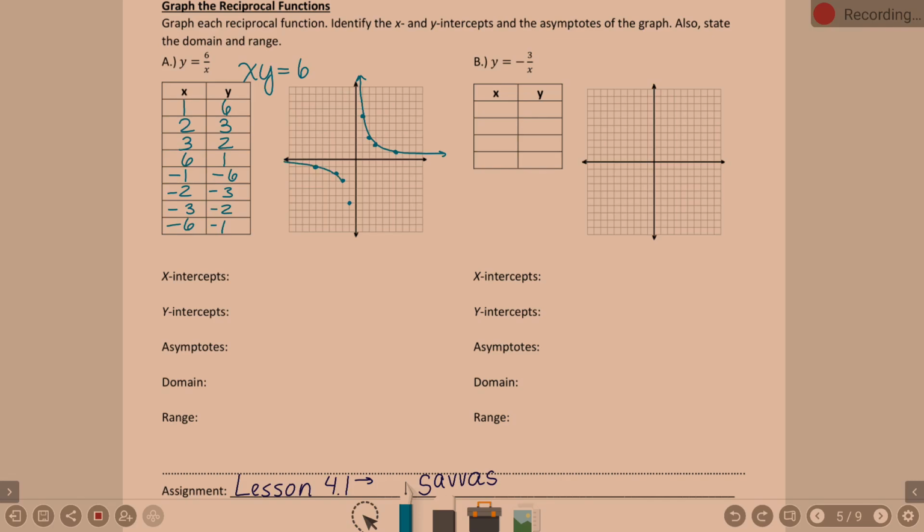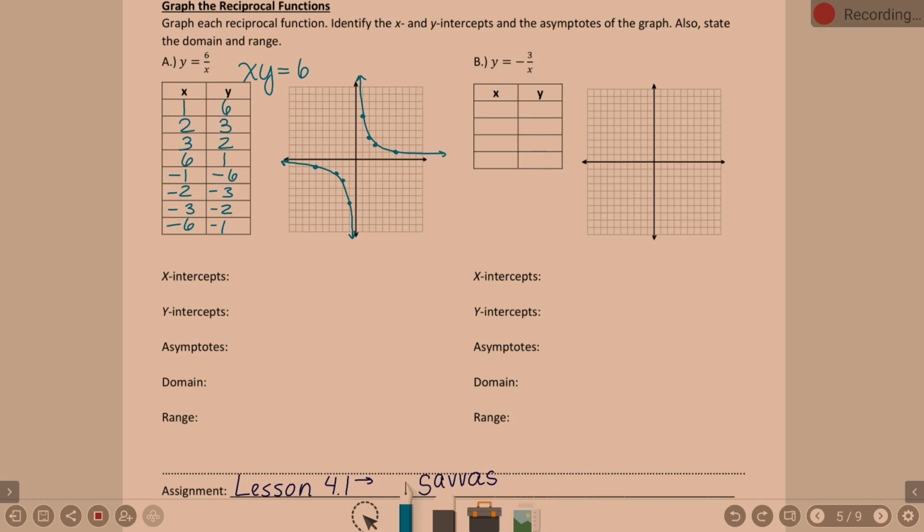Is this what the graph looked like on the front page? Yeah. Now, first of all, notice my graphs are not crossing the axes. They're going to run along the x and y axis.